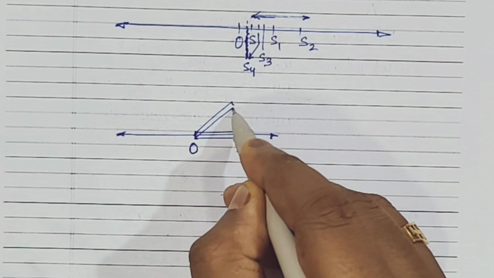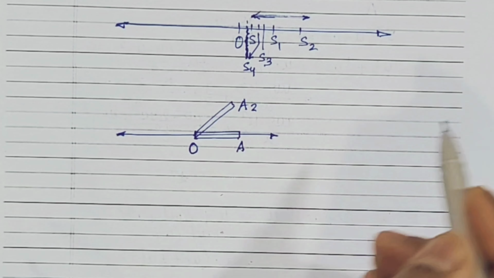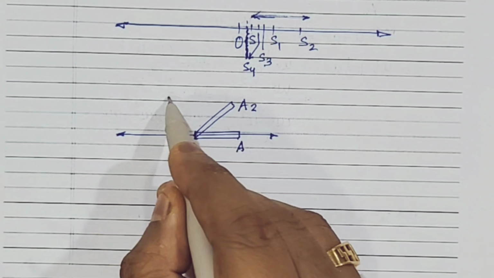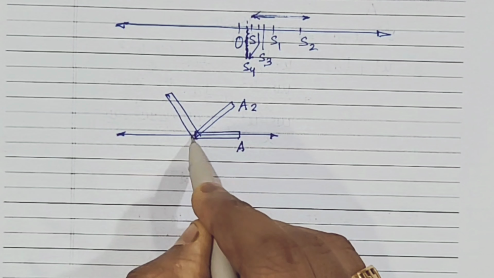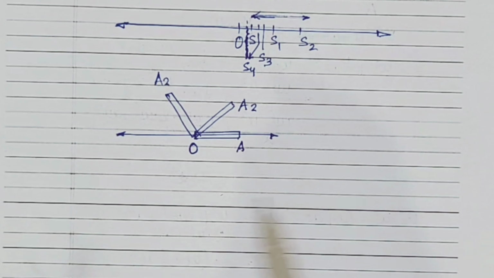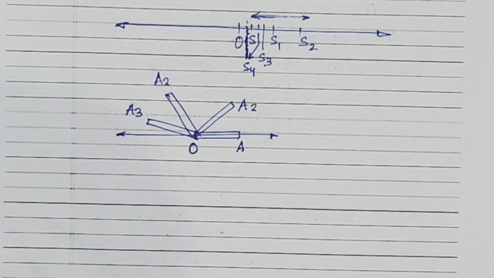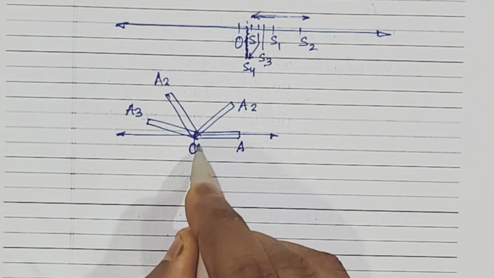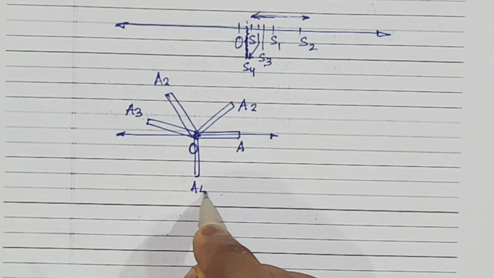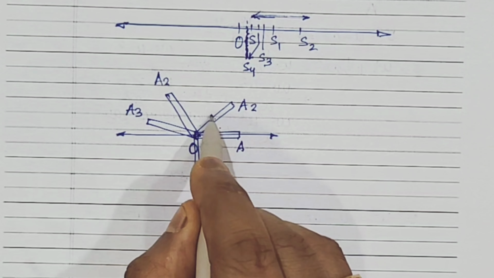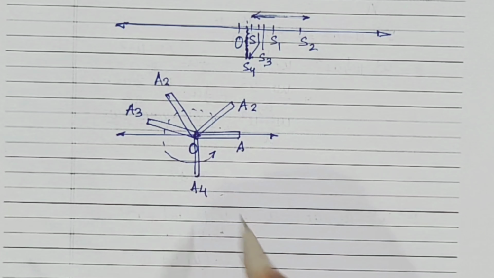Later it went up to OA1, it went up to OA2, it came to OA3, OA4 and so on. So it is moving in a direction like this.